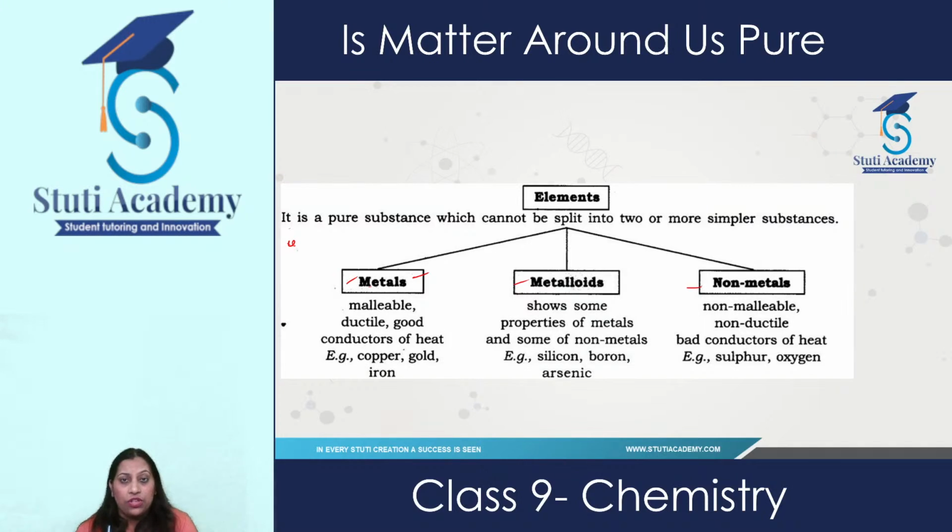Now, if we talk about properties of metals, examples of metals are copper, gold, silver, aluminium, zinc. They all are examples of metals. And what properties do they have? If we talk about metals, they are highly malleable. Malleable means we can easily convert metals into sheets.